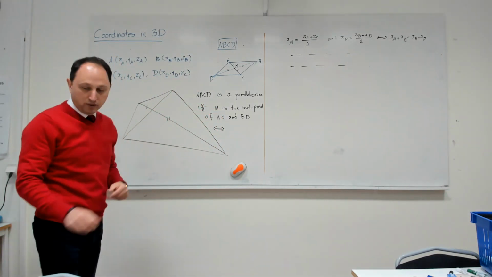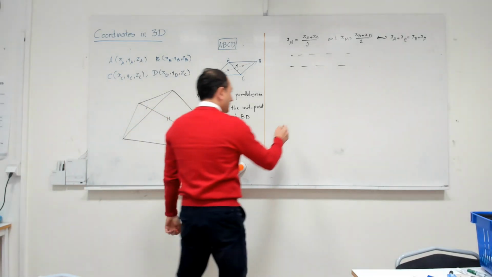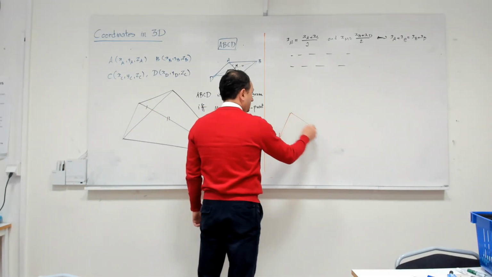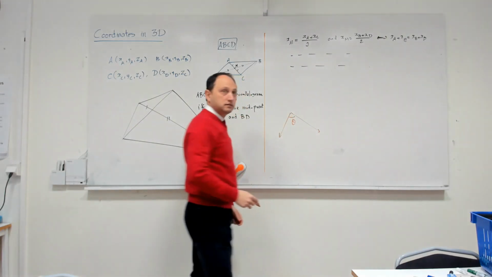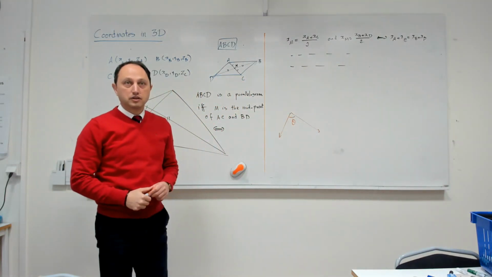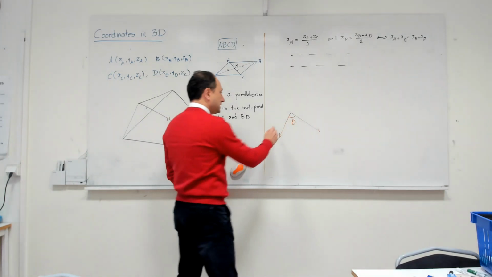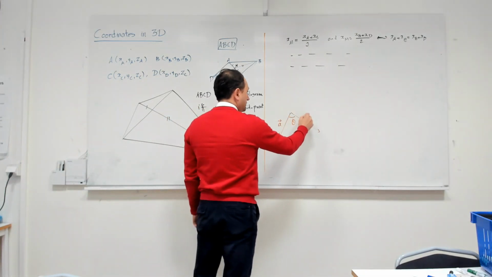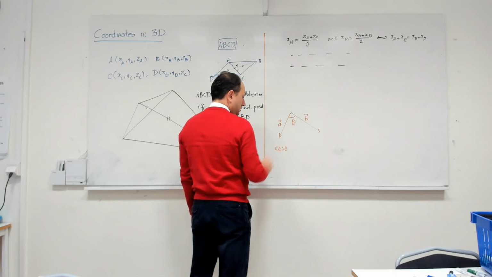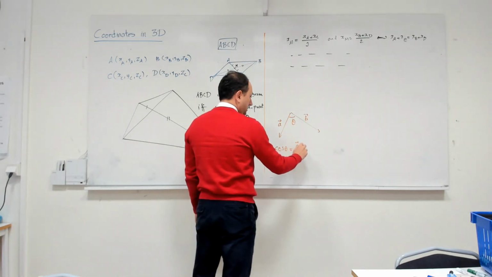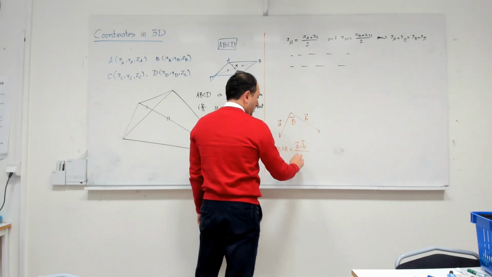For example, if I give you this vector and this vector and you want to measure the angle between them, say this vector is A and this vector is B, you can say cosine of theta is A dot B divided by norm of A times norm of B.